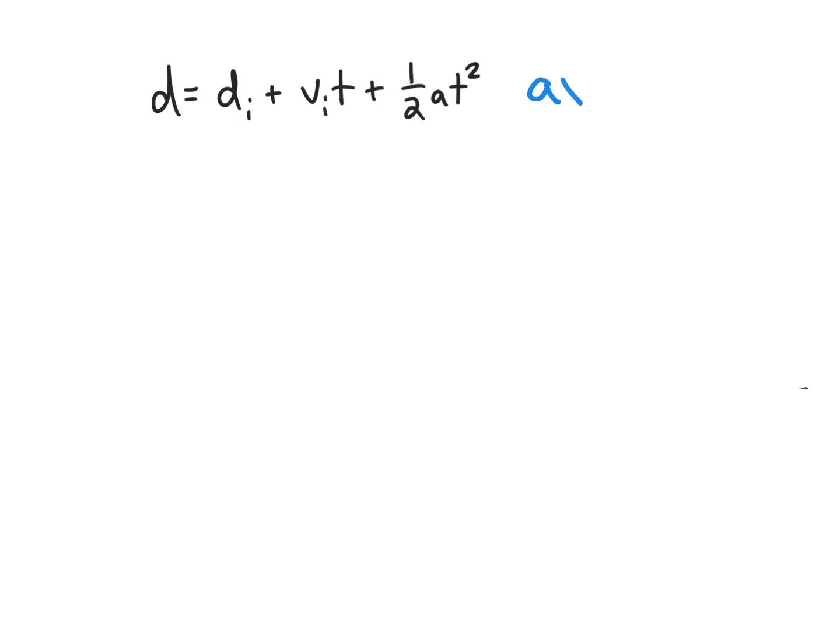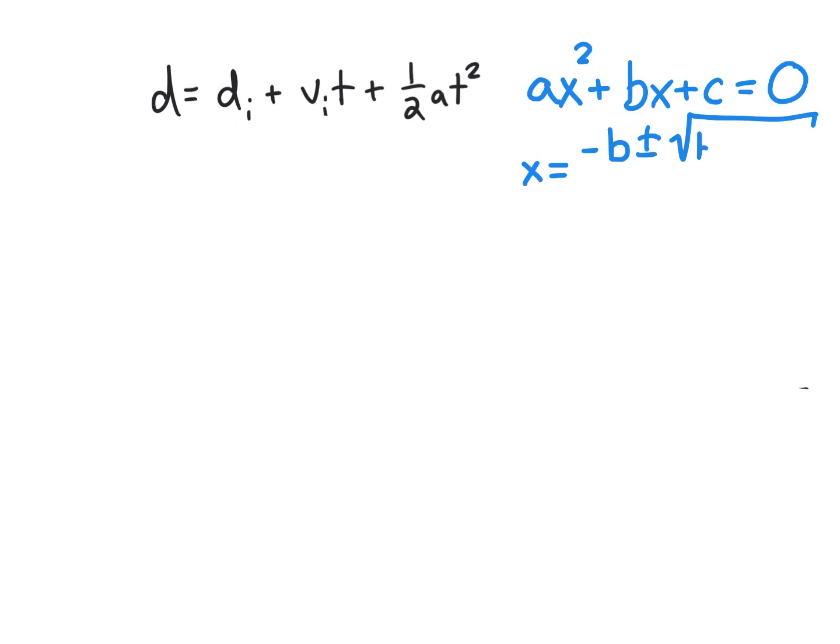The quadratic formula, if we might recall, if we have ax squared plus bx plus c equals 0, just by definition, x equals the opposite of b plus or minus the square root of b squared minus 4ac all over 2a.